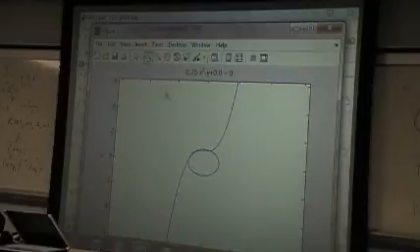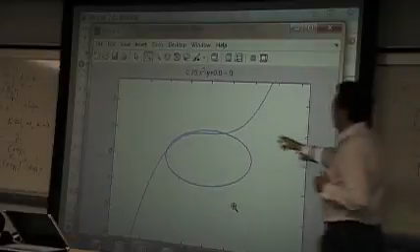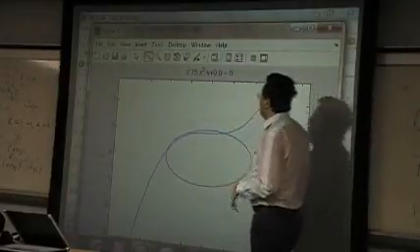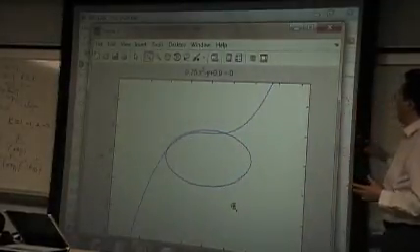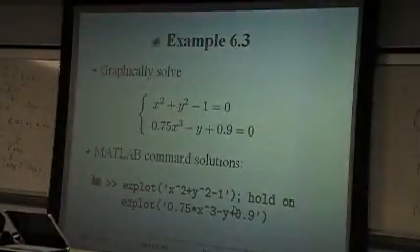If we zoom into the area, we can see that there are two solutions. One is this one, and one is this one. It's by nature because one of the equations is a circle, the other one is a cubic function. So we can draw it directly, and we can find two solutions.